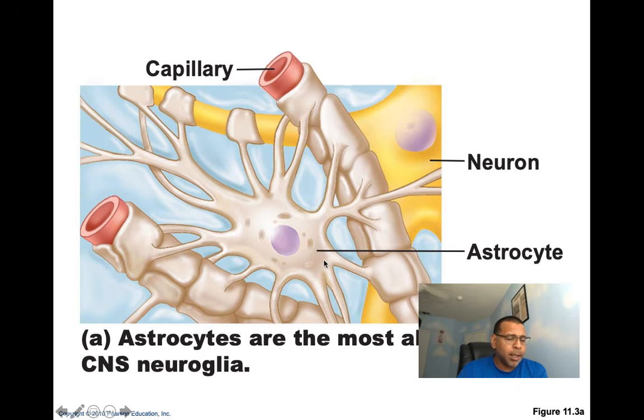These processes, what they do is basically they are going to, number one, support, brace, and anchor our neurons to their nutrient supply lines.